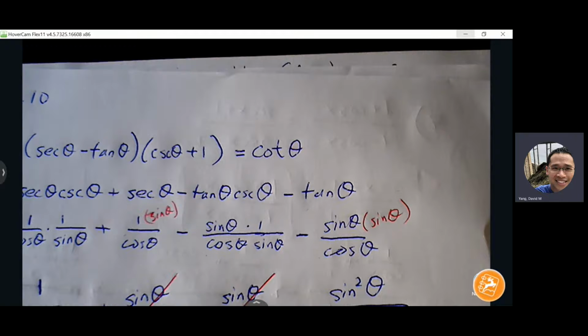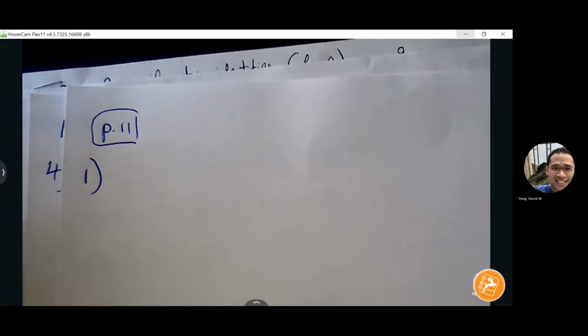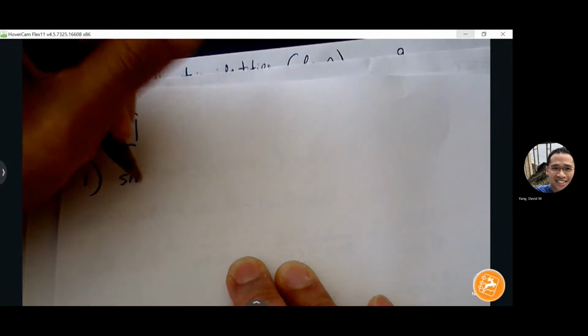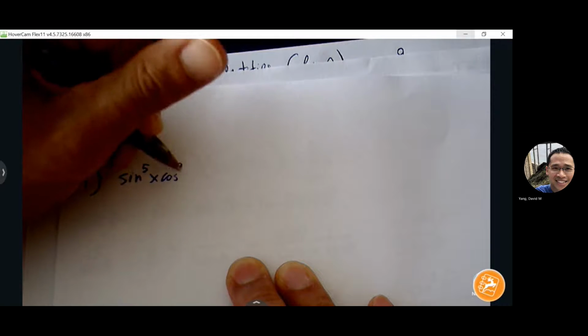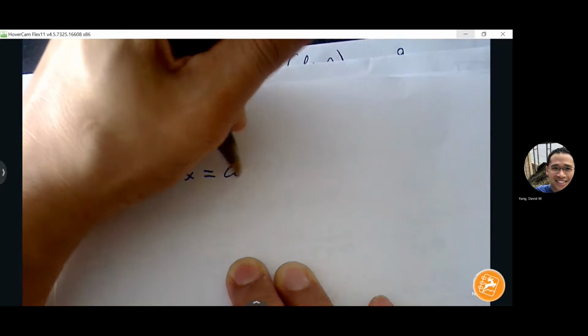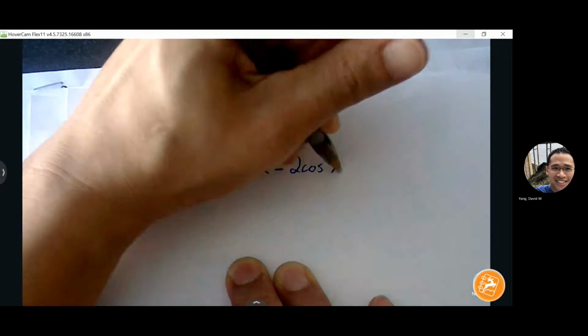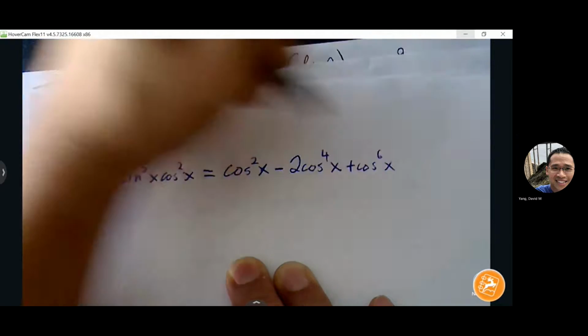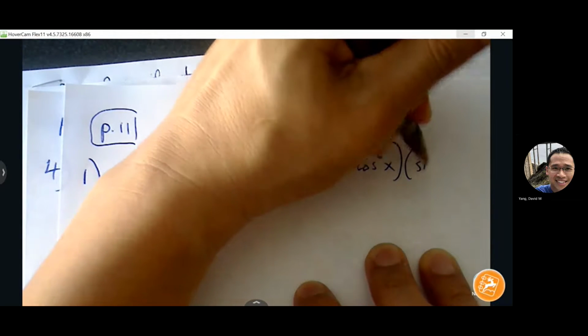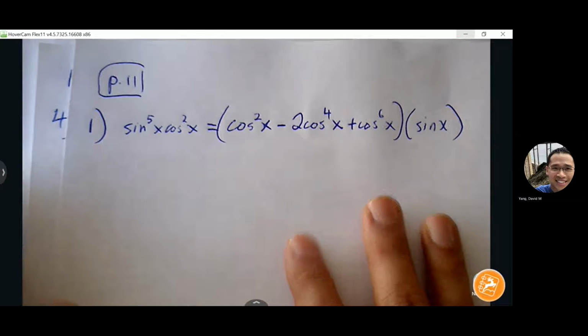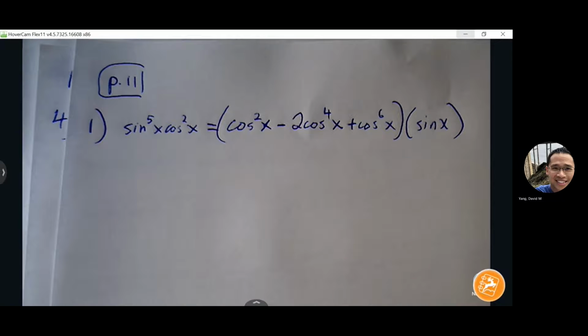Okay, page 11. Okay, we're going to start on the left and move to the right.